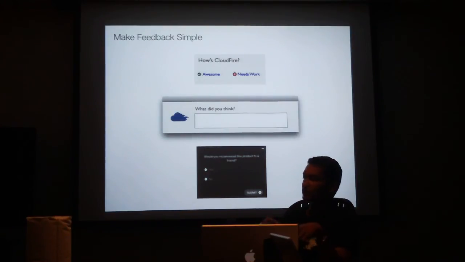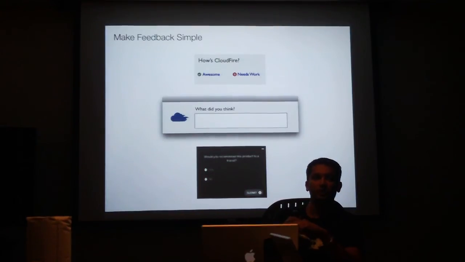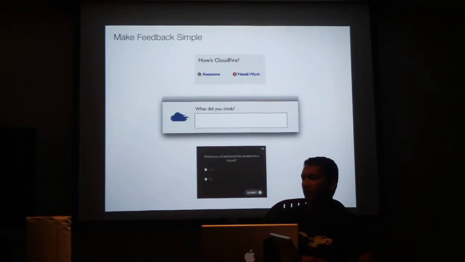The last one is a screenshot from KISSinsights, from the guys who also put out KISSmetrics. They provide a JavaScript-powered way to ask inline questions on your website that can be timed so they're appropriate based on where the user is on the page or at that particular time.